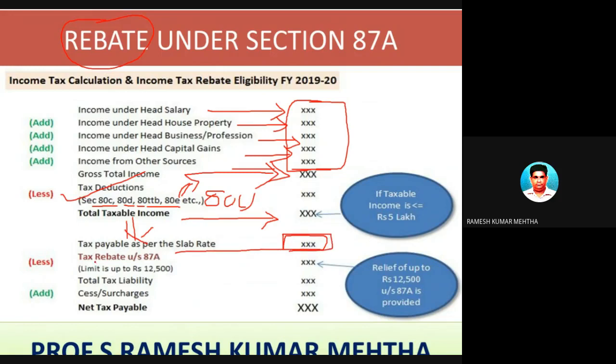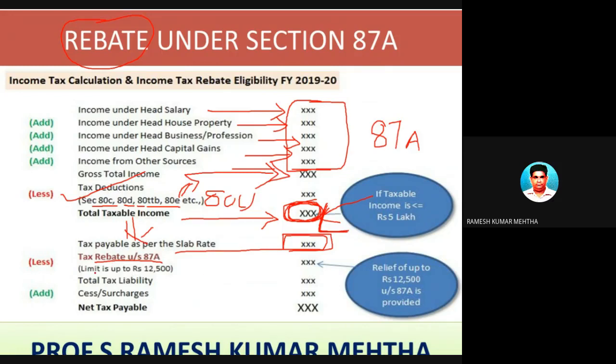Now, tax rebate under section 87A. This tax rebate can be claimed by those assessees if the total income is less than or equal to 5 lakhs. So if this particular amount is less than or equal to 5 lakh rupees, then you are eligible for rebate under section 87A of Income Tax Act 1961.